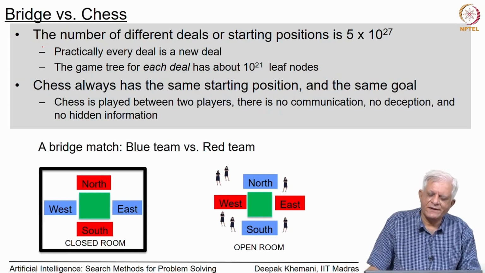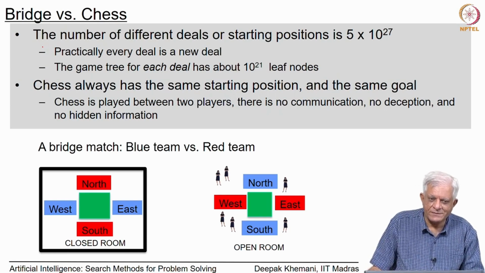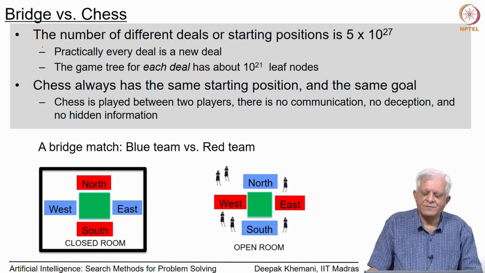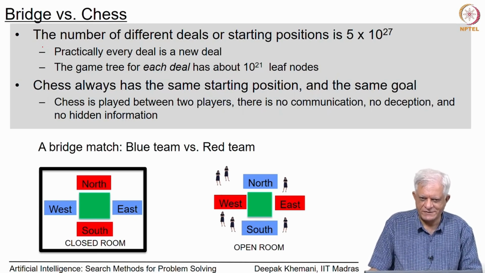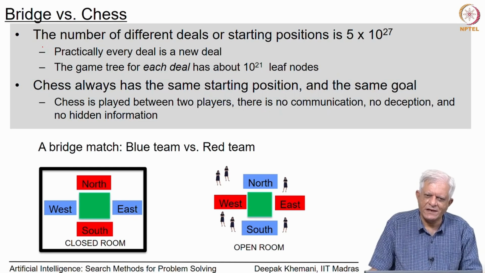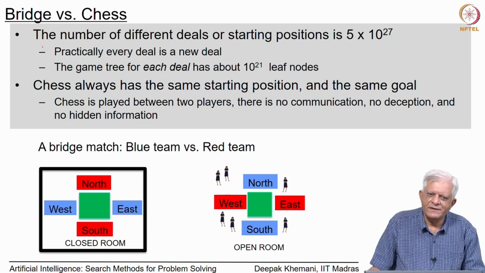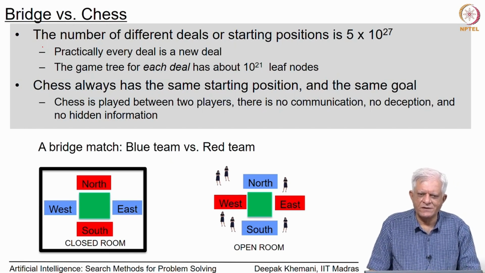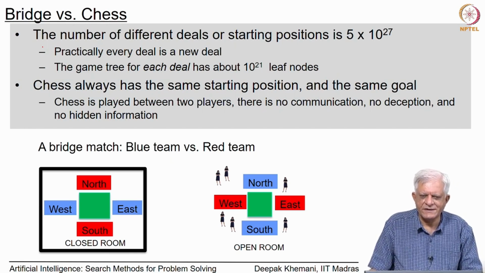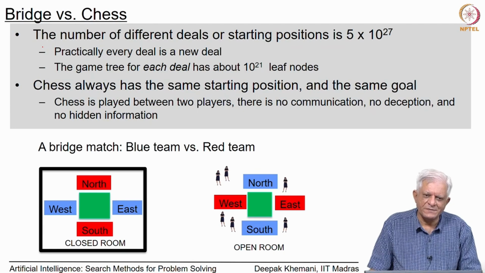So, that you can't say that you won a match because you got good cards, but you can only say that you won a match because you played better with those same cards. So, in that sense we try to eliminate this element of gambling, which says that if you get good cards that you will win and so on. In bridge that is not the case, because both teams get to play with the same set of cards.